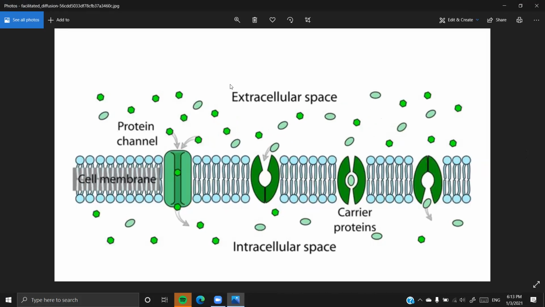This is your facilitated diffusion, children. Diffusion is movement of ions from a higher concentration to lower concentration. So we already see that here the molecular concentrations are more, while the molecule concentration is less here.